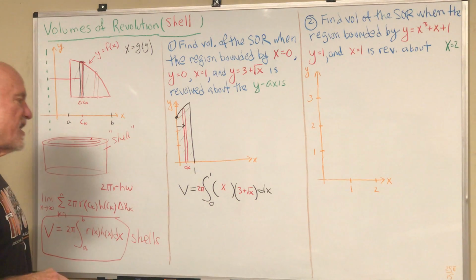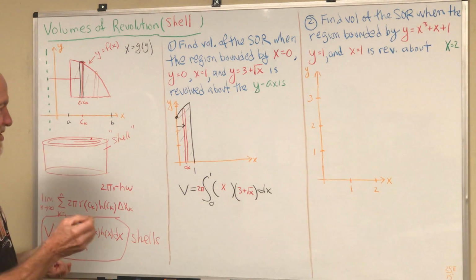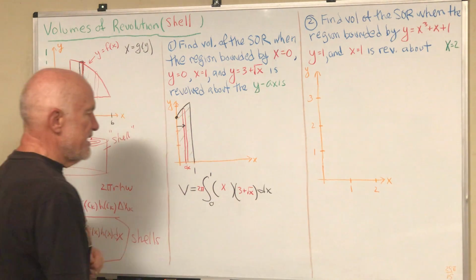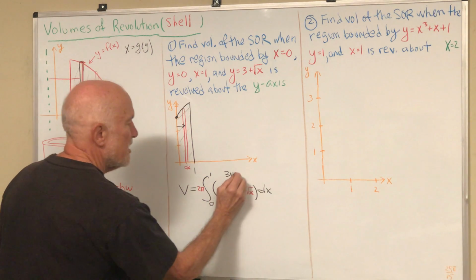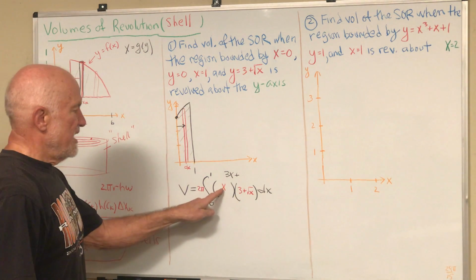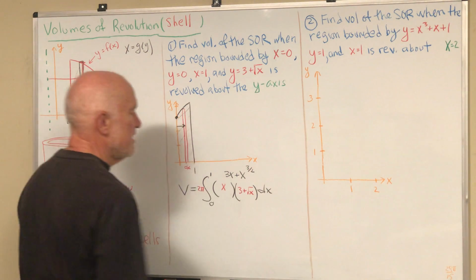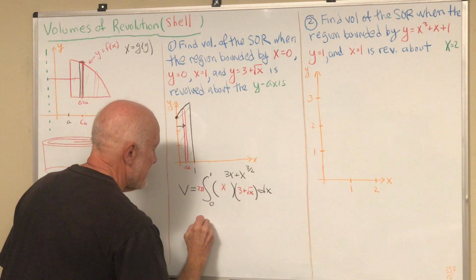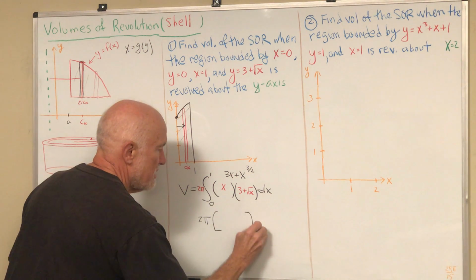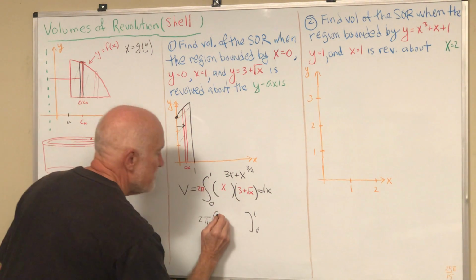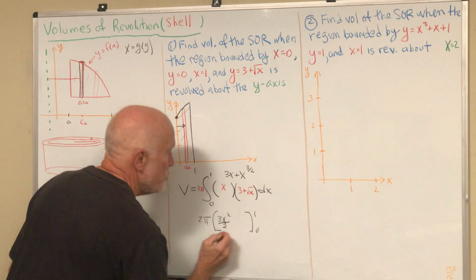So then we have our setup. So then the next step would probably be to multiply this through. So you get 3x plus x to the 3/2. So now I can take my antiderivative of 3x would be 3x squared over 2.